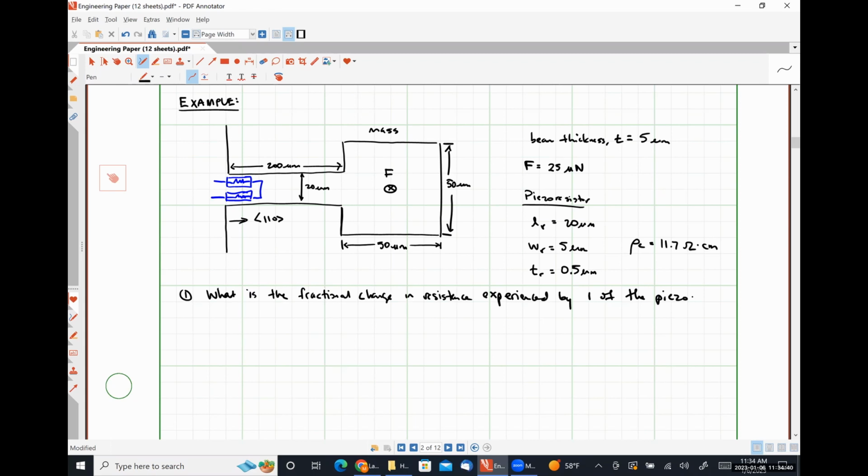Since there are two in series, if we wanted the combined effect, we would just multiply it by a factor of 2. Due to the 25 micronewton force. And number 2, what is the absolute change in resistance?